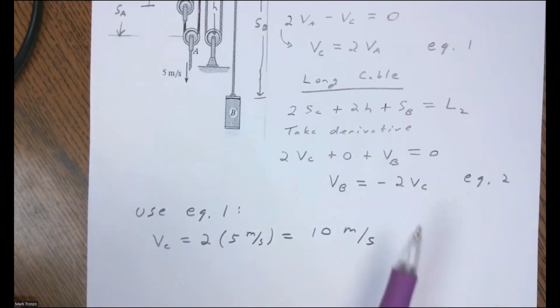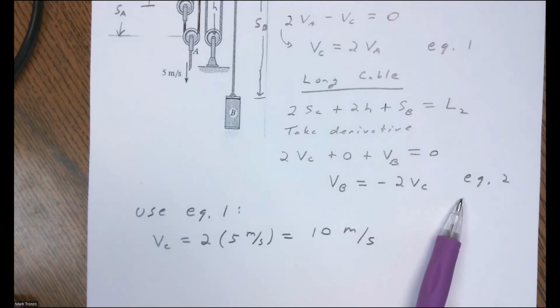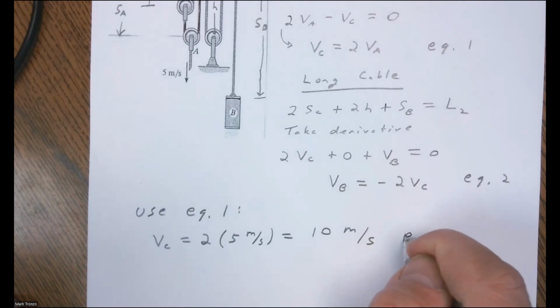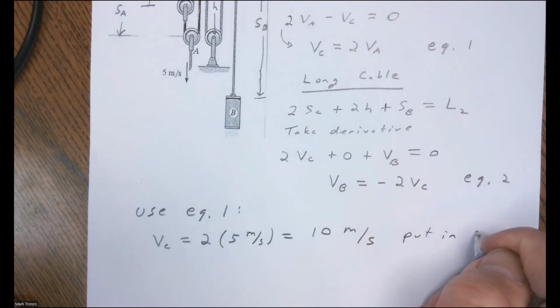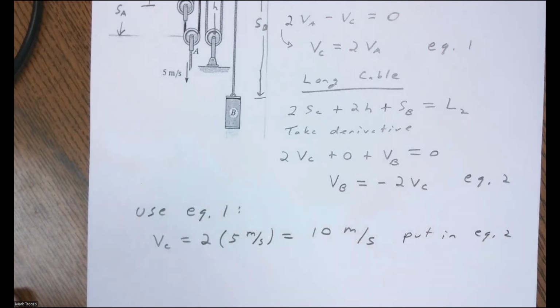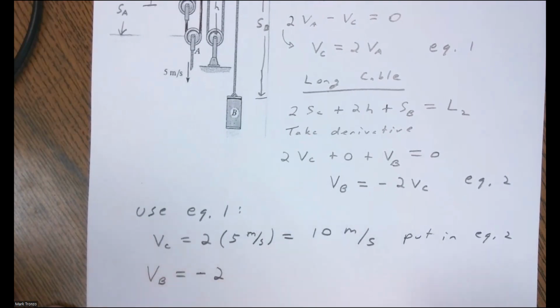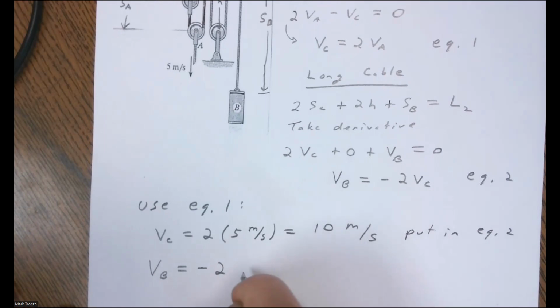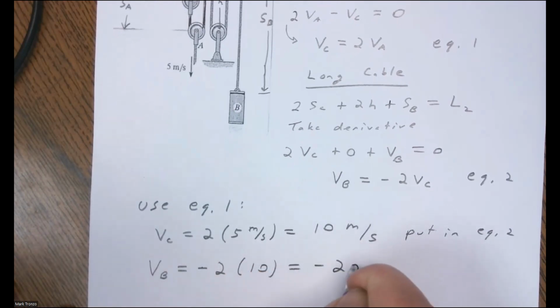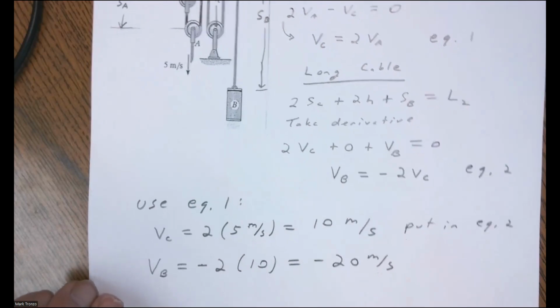And then finally, if we plug this into equation 2, we get VB is minus 2 VC. It's negative 20 meters per second. And let's take a look, see what that means.